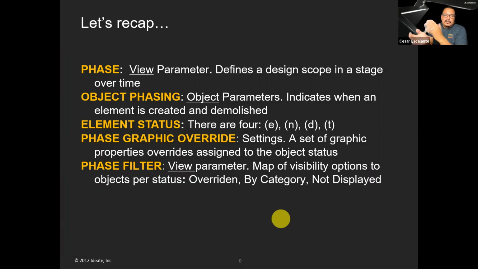The combination of these two creates an element status. You have existing, new, demolished, and temporary. Graphic overrides, it's a setting, and it applies overrides to the status of the objects. And then the phase filter, it's a view parameter that toggles visibility options to the objects per status. And overridden by category, or not displayed, are the three options.